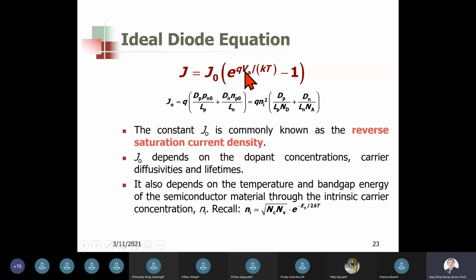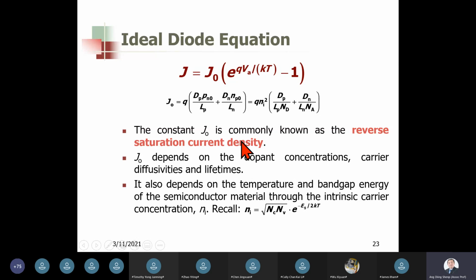Meaning that under reverse bias condition, the current is actually a constant current determined by J0, or minus J0, denoting the direction of the current. Under reverse bias, the current flows in the opposite direction, so we have a minus J0 here. It is therefore quite intuitive to call this term J0 the reverse saturation current density, because the current under reverse bias seems to be saturated at a fixed value. So J0 is called the reverse saturation current density.